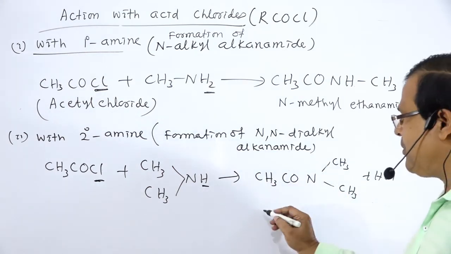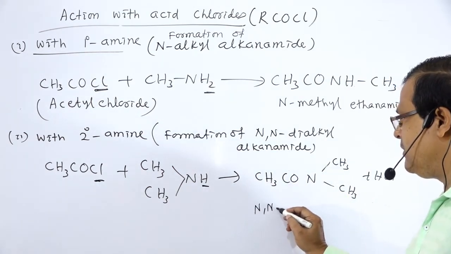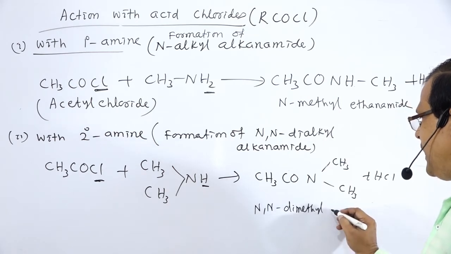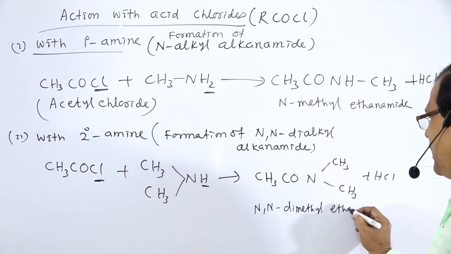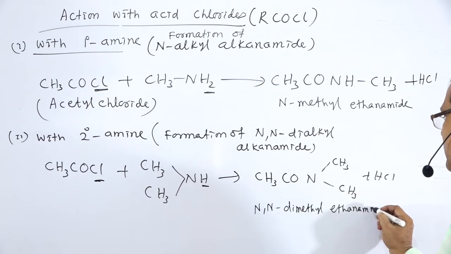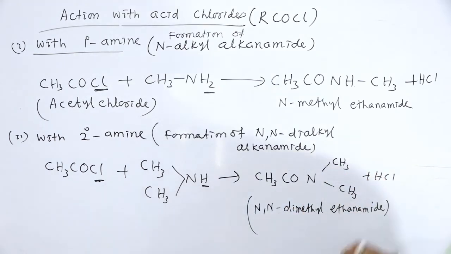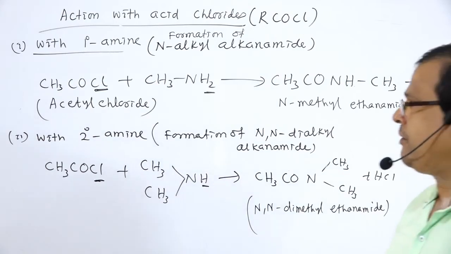So the name of this compound is N,N-dimethyl ethanamide. So primary amines react with acid chloride to form N-alkyl alkanamide, and secondary amines react with acid chloride to form N,N-dialkyl alkanamide.